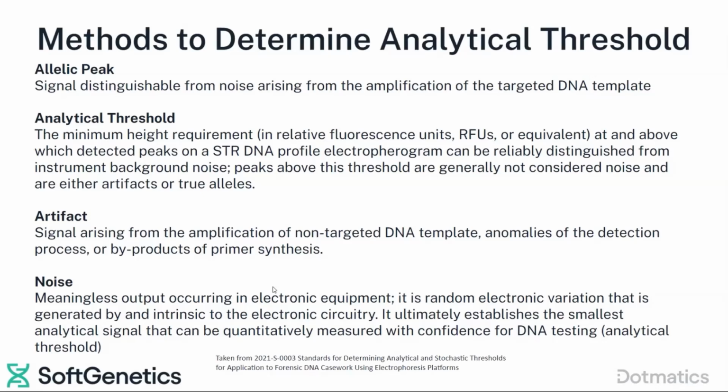And then the noise. These are meaningless output that occurs on all the electronic equipment. It's random. It's generated during the CE separation, and establishing an analytical threshold is essential to determine at what point above what RFU there is high confidence that this is an allelic peak and not noise.